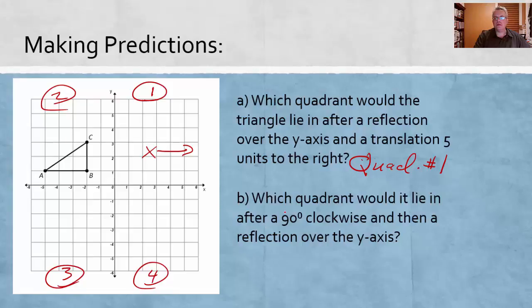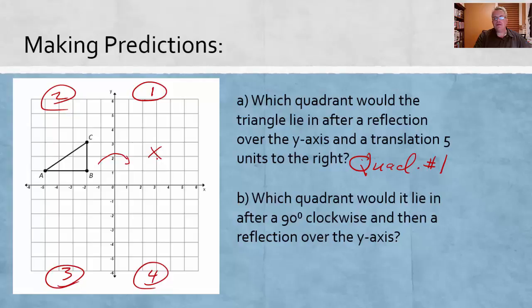Now, suppose it says which quadrant would it lie in after a 90 degrees clockwise rotation, then a reflection over the y-axis. Okay, so let me erase this a little bit. Now, if we rotate it clockwise, it would rotate this way and lie in quadrant 1. So it'd be in quadrant 1 again.